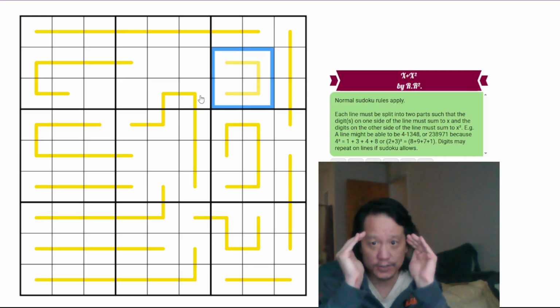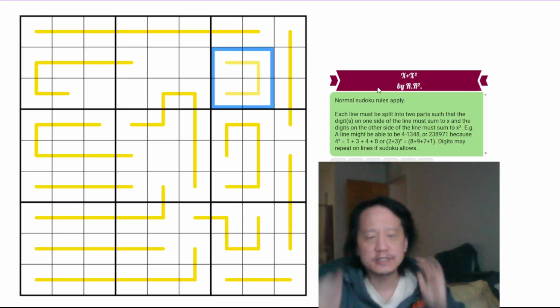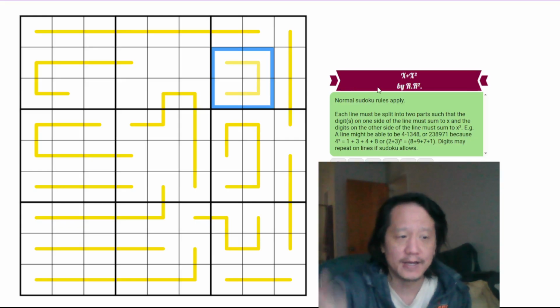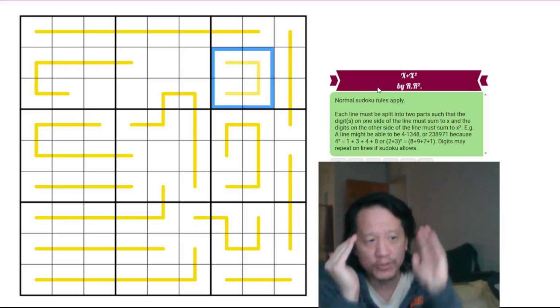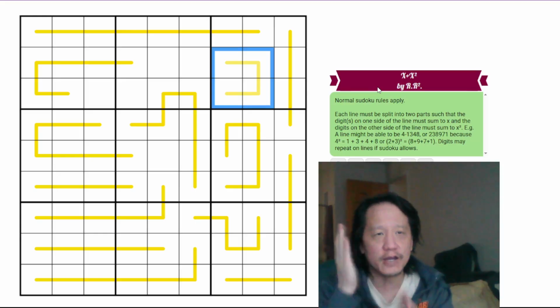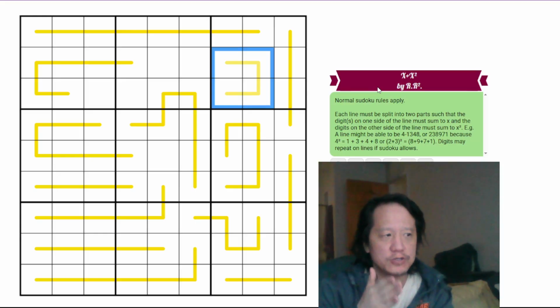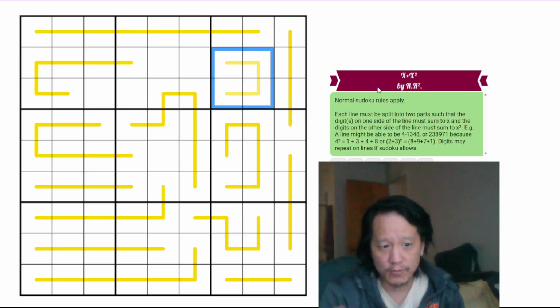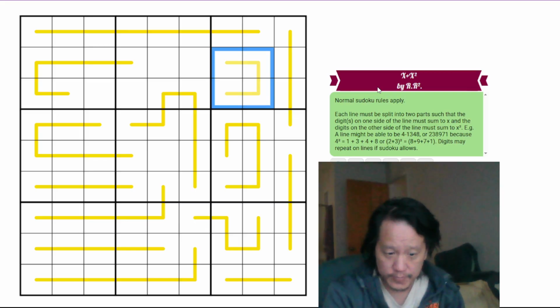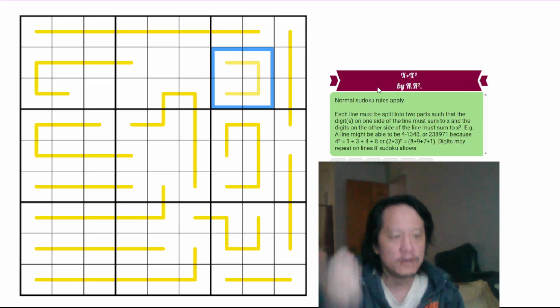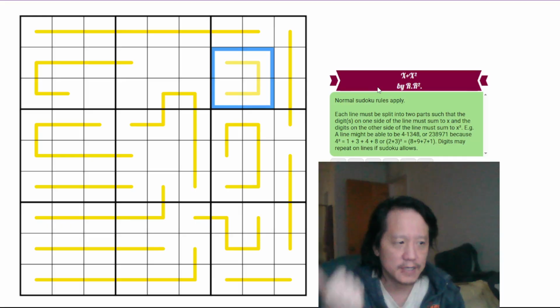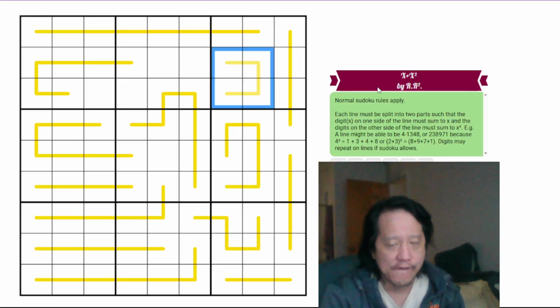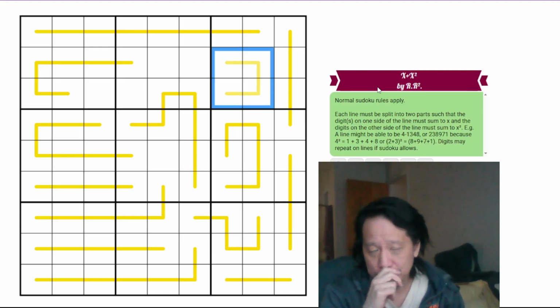So x plus x squared is the same as x times (1 plus x). When x is 1, it's 1 times 2. If x is 2, it's 2 times 3, because x times x plus 1. 3 times 4, 4 times 5, 5 times 6, 6 times 7, 7 times 8, 8 times 9. And I don't think anything's going to fit a 9 times 10.